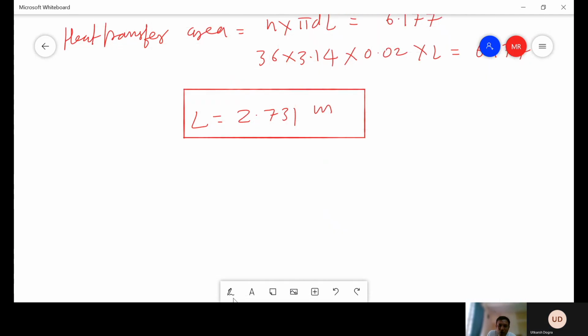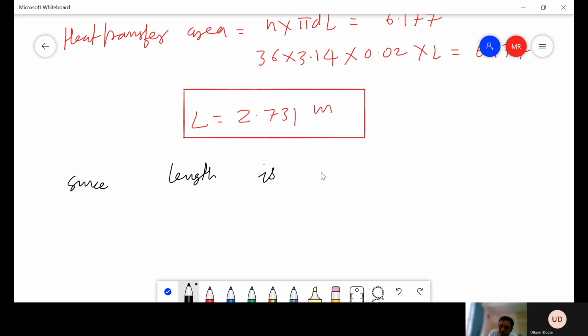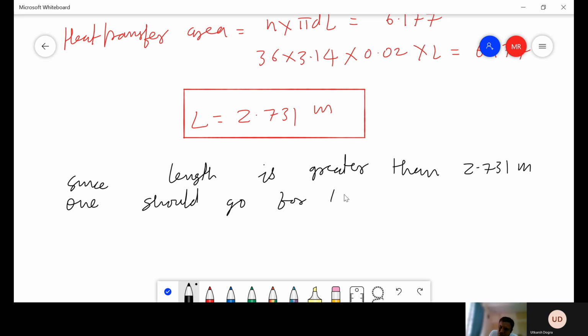So now, since the length is greater than 2 meter, one should go for one shell side and two tube side passes.